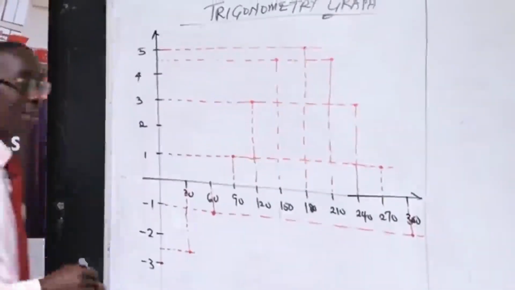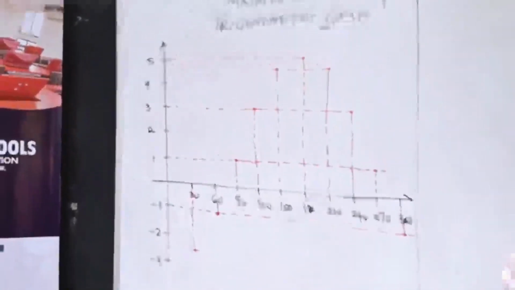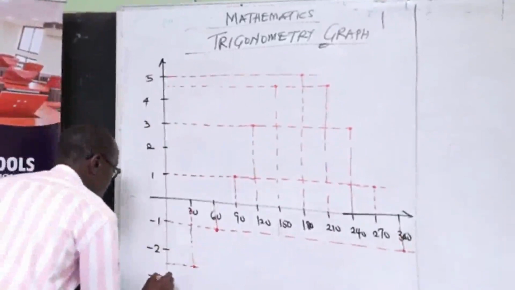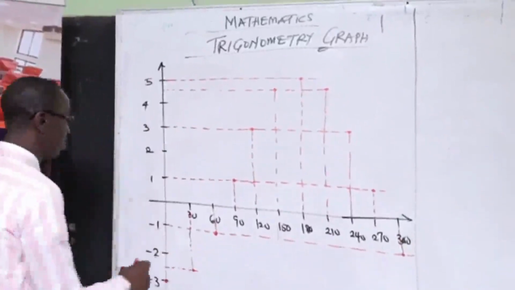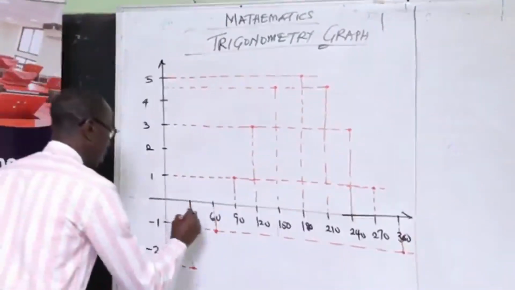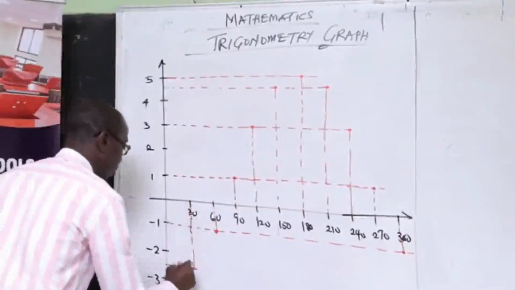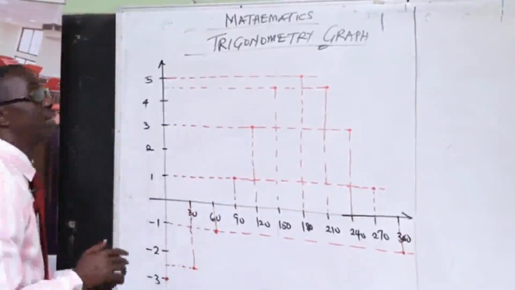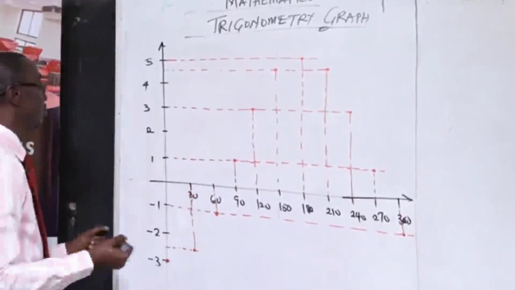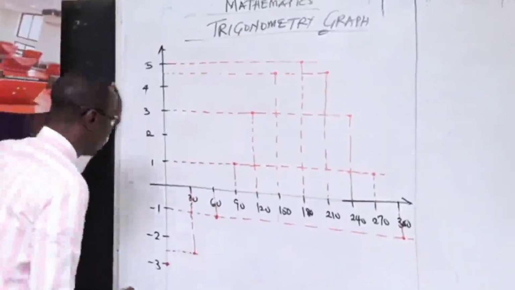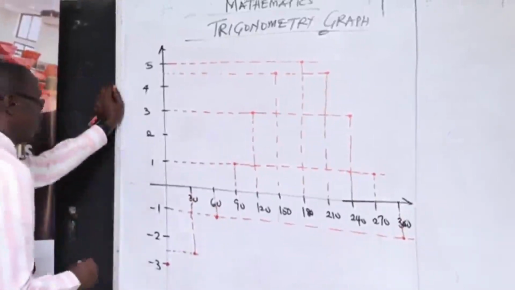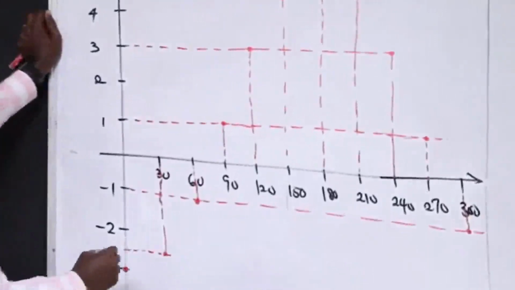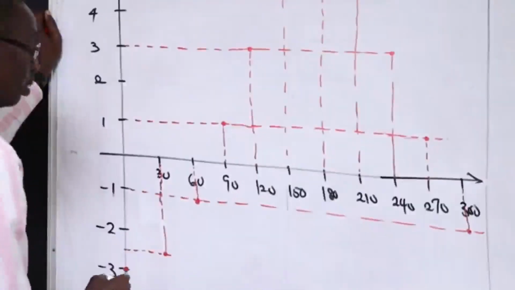It is after you have done this and you have done it correctly, that is when I expect you to join your points together using your French curve or your free hand. If you have been practicing very well, you can take free hand with a smooth curve. Or your broom strand.